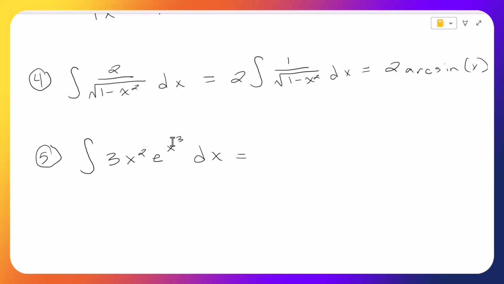Well, the derivative of x cubed is 3x squared, so this is actually just going to be e to the x cubed plus c. Because if I take the derivative of e to the x cubed, that gives me e to the x cubed times the derivative of this right here, which is 3x squared.